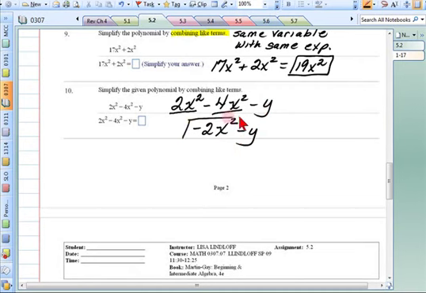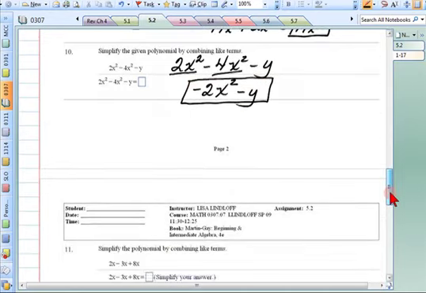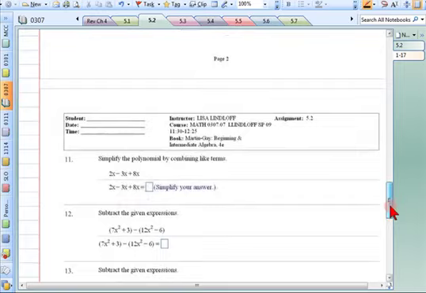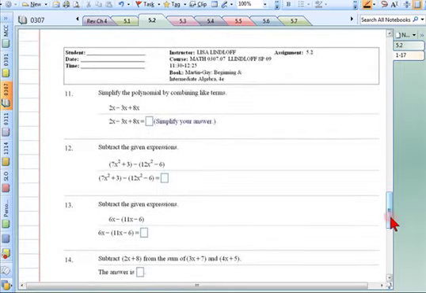So I'm going to combine like terms to add and subtract polynomials. Okay, number 11. Simplify by combining like terms. I have 2x minus 3x plus 8x. Are they like terms? Yes. All of them are.